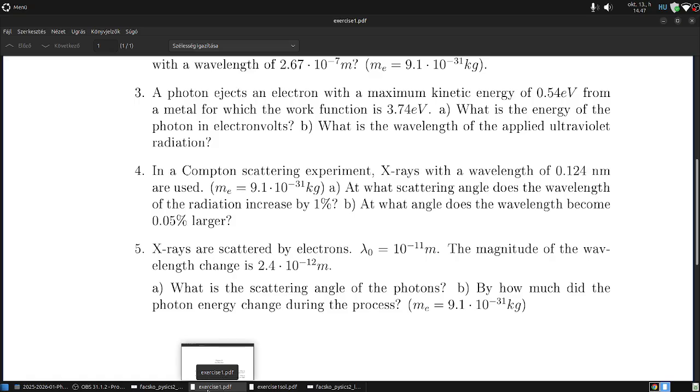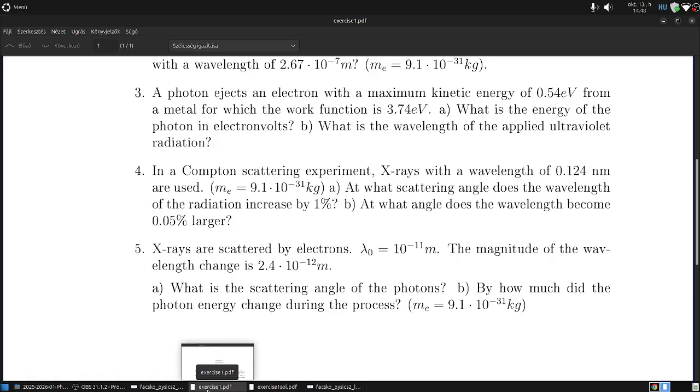So we have the task. What is the task? What is this quantum scattering? We have electrons bound in an atom. We have high energy photons called gamma ray radiation. One photon hits the electron and gives energy.